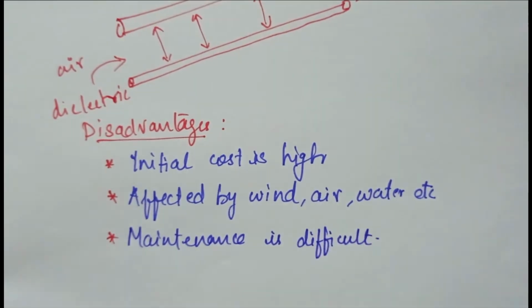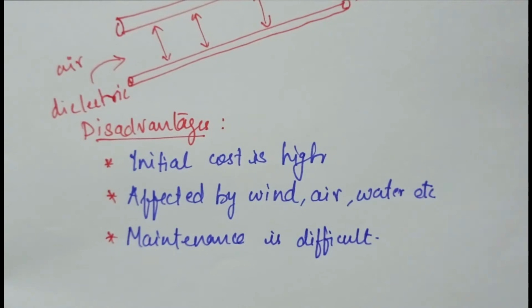We know during the rainy season power cuts will occur, and due to a huge storm or the fall of tree branches or other things, these cables are often affected.